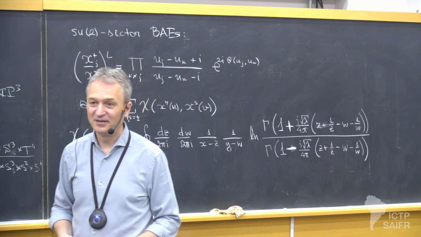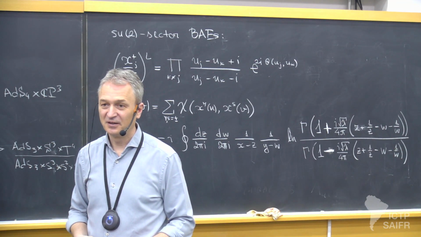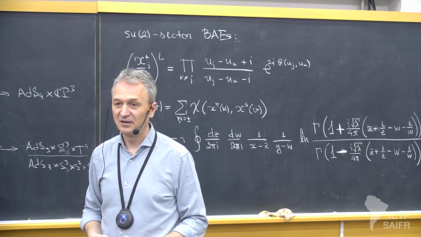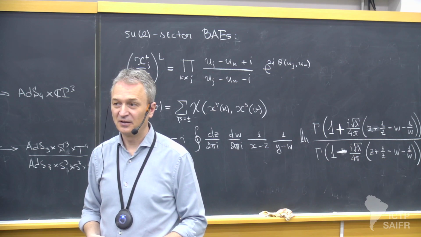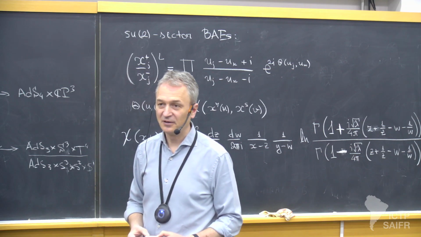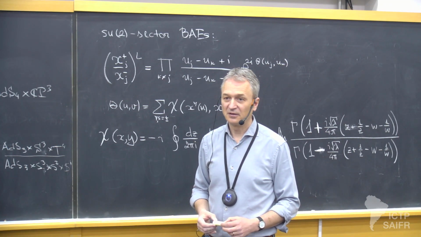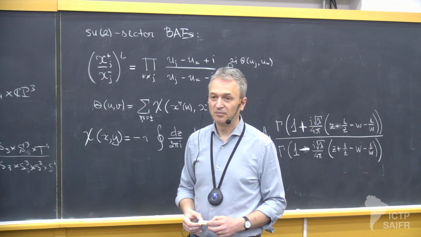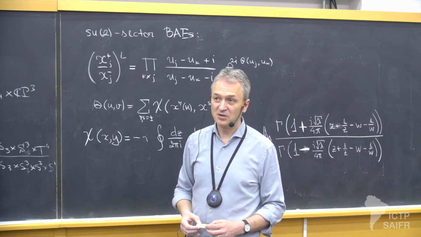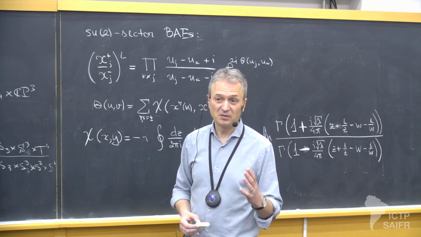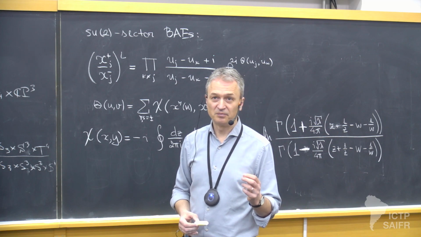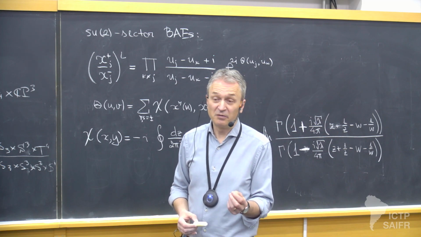Okay, then I want to follow up and ask, whenever we have a theory with a gravitational dual, do these structures carry over? Or are there known examples where this doesn't work? There are certainly many examples where it doesn't work. Integrability is a very constraining and a very rare property.